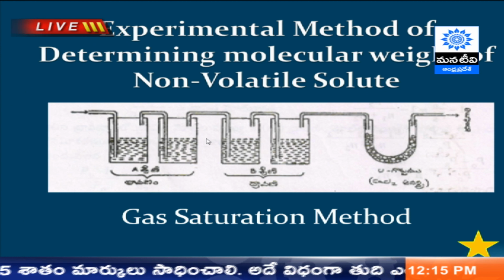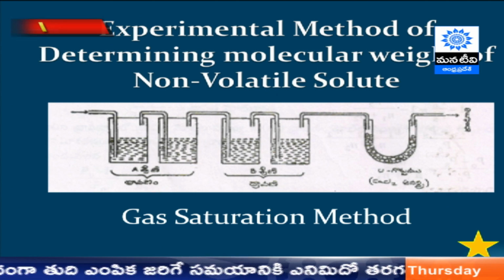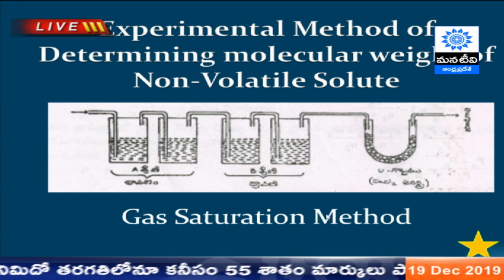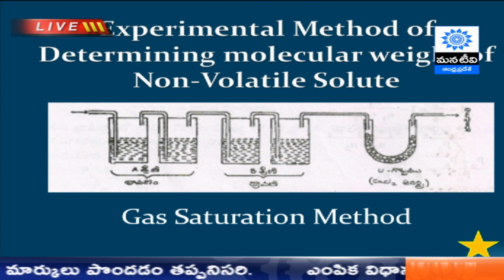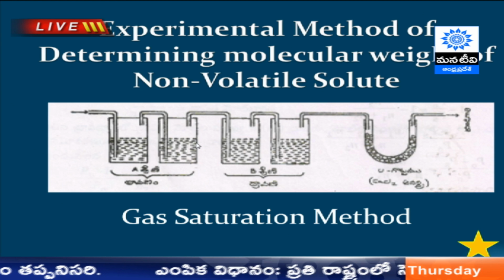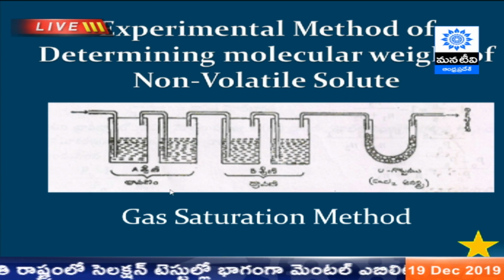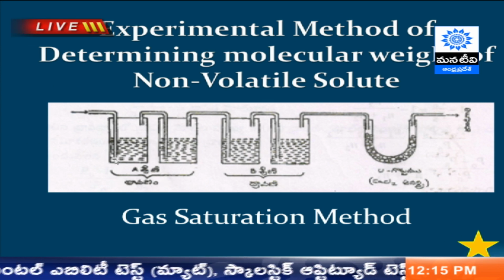And there is an experimental method for determining the molecular weight of a non-volatile solute. This method is called the gas saturation method. In this method, you combine several beakers and arrange them in two series of sets. Each series will have two beakers.